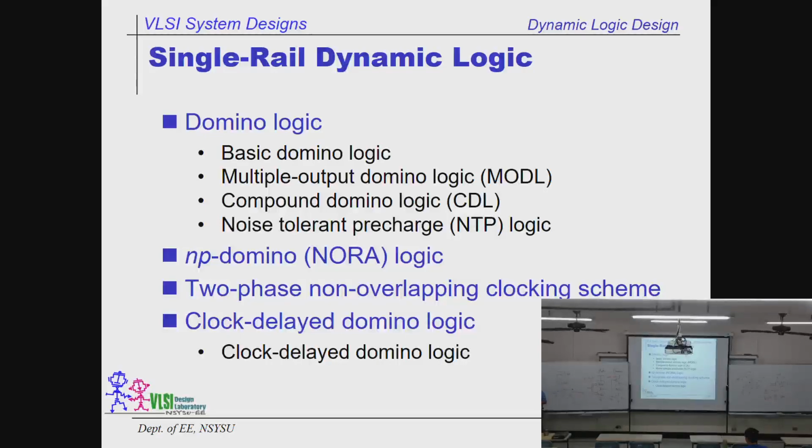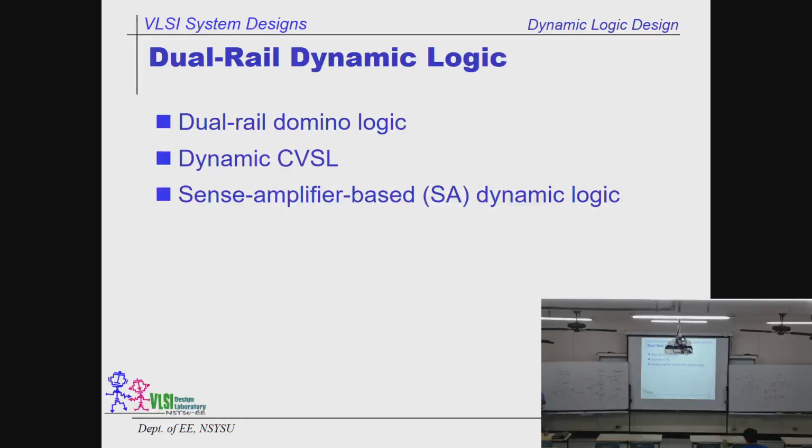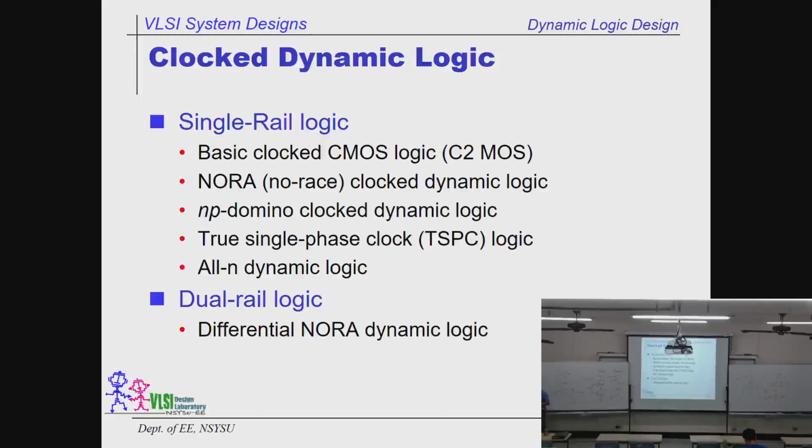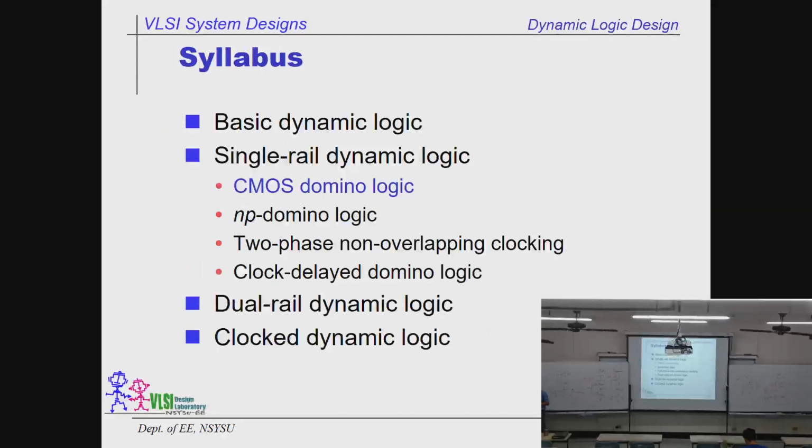But listen to what I say here. Domino is the most important one. The rest are just garbage, okay? And dual rail can be evolved from the single rail. And for the clock dynamic logic, we also have a single rail and a dual rail logic.